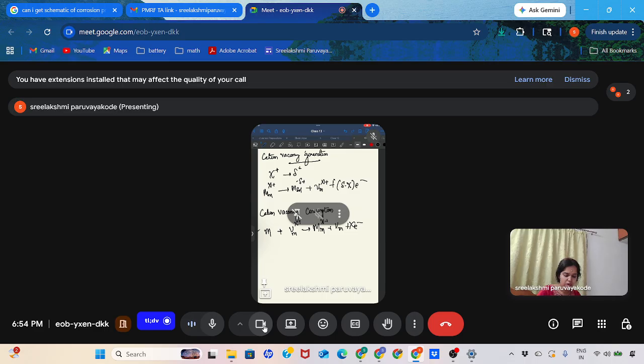Here it is assumed that the metal vacancy is continuously diffusing into the bulk metal and they're consumed in a large sink. So this is also a lattice conserving reaction.